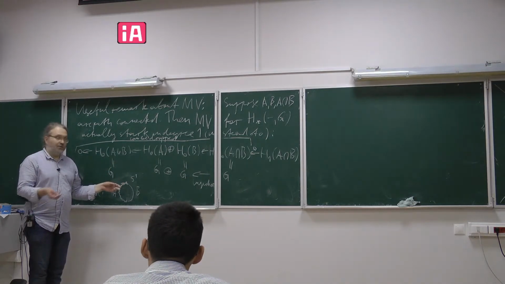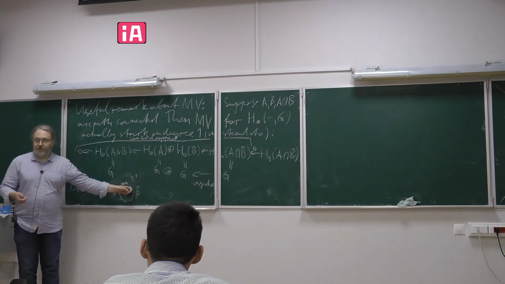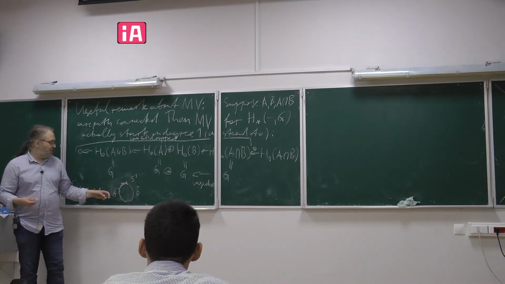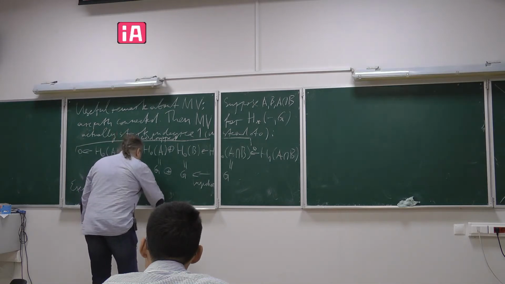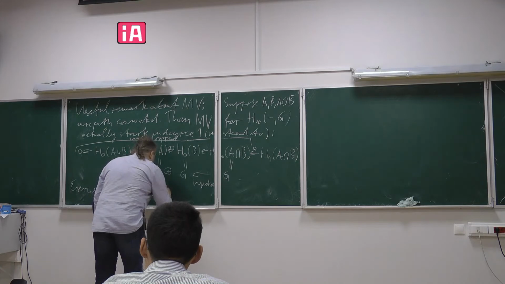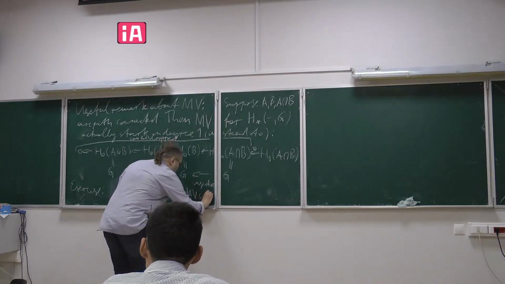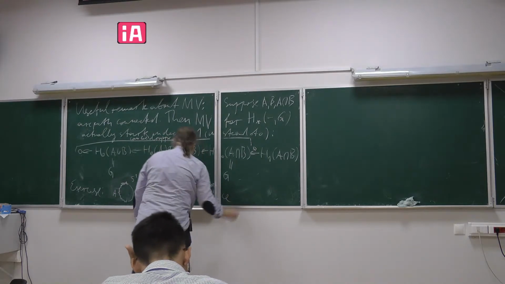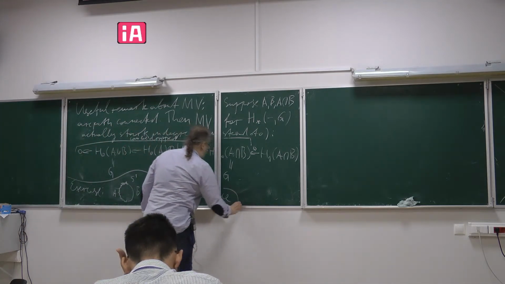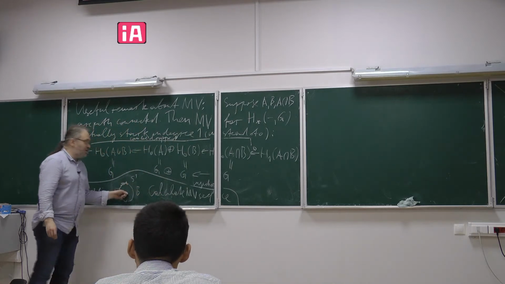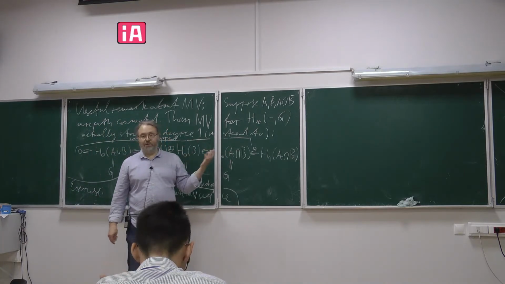Take A to be the left half circle and B to be the right half circle, as shown in this picture. Closed halves, right? Yes. And the exercise is to calculate the Mayer-Vietoris sequence for this example. And in this example, this map is not injective.